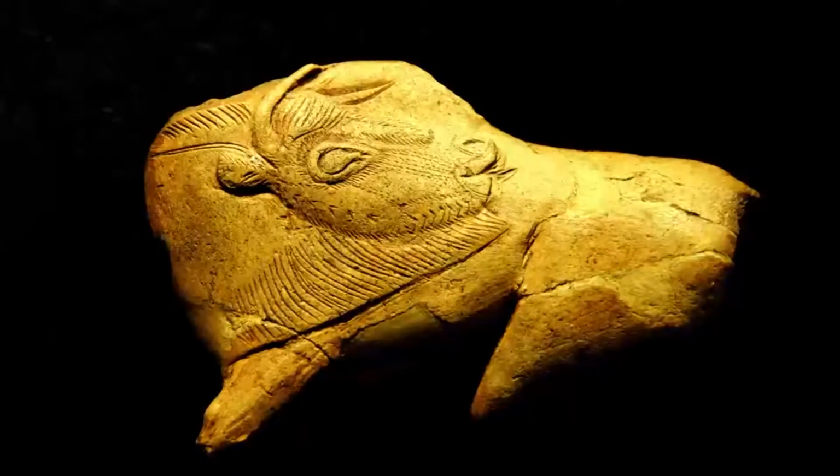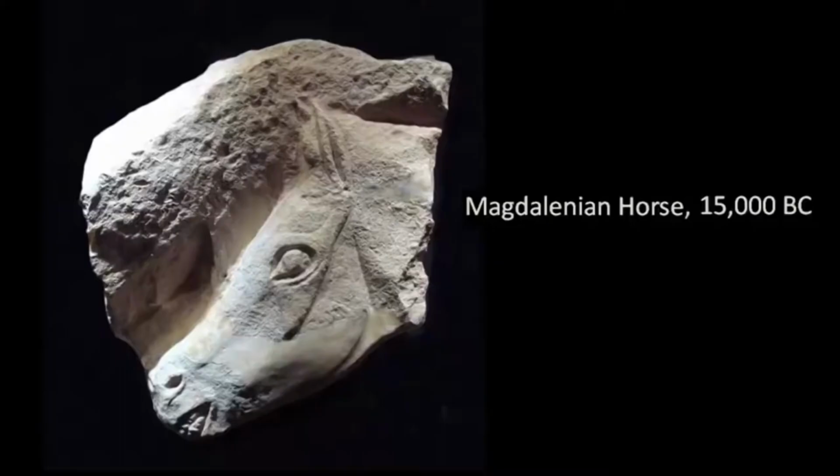Or for that matter, look at this one again. It is the shape of this particular bone that guided the artist how to go about with the form. Or this Magdalenian horse, again 15,000 BC.